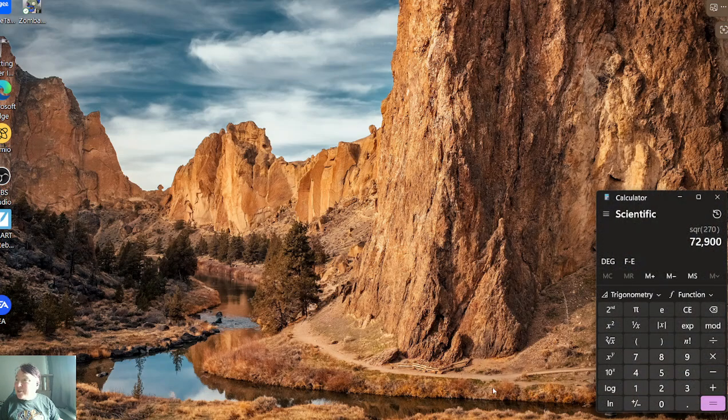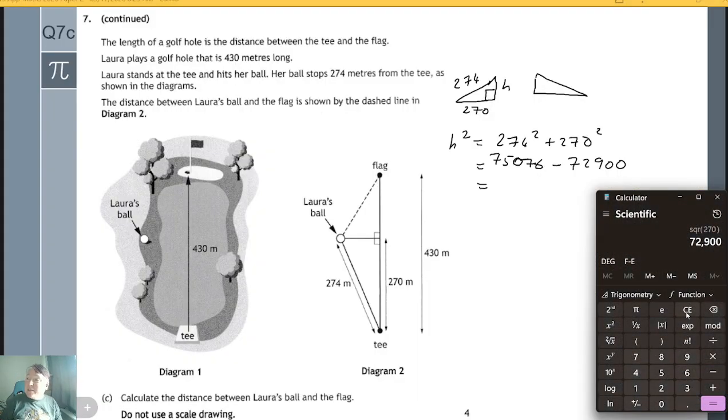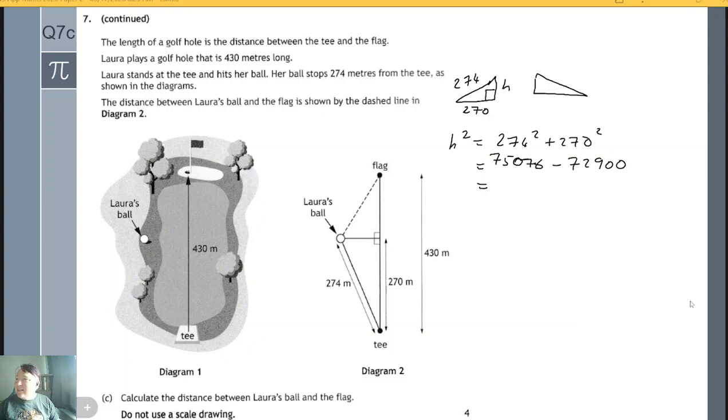So remember, because I'm not looking for the hypotenuse, it needs to be a subtraction. 75076 minus 72900, 2176. That's the same h there, so I don't need to change that number.